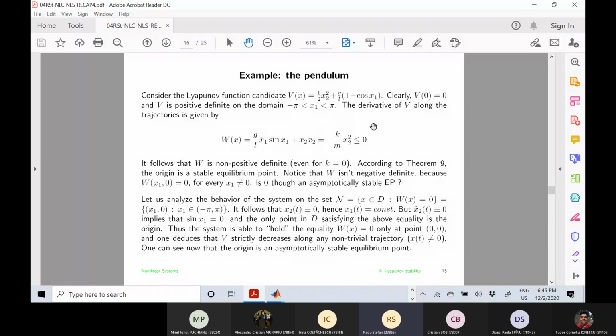And we ended up with a derivative which is non-positive definite. So the origin is a stable equilibrium point. But the question comes, our intuition is obviously showing us that the origin is asymptotically stable.